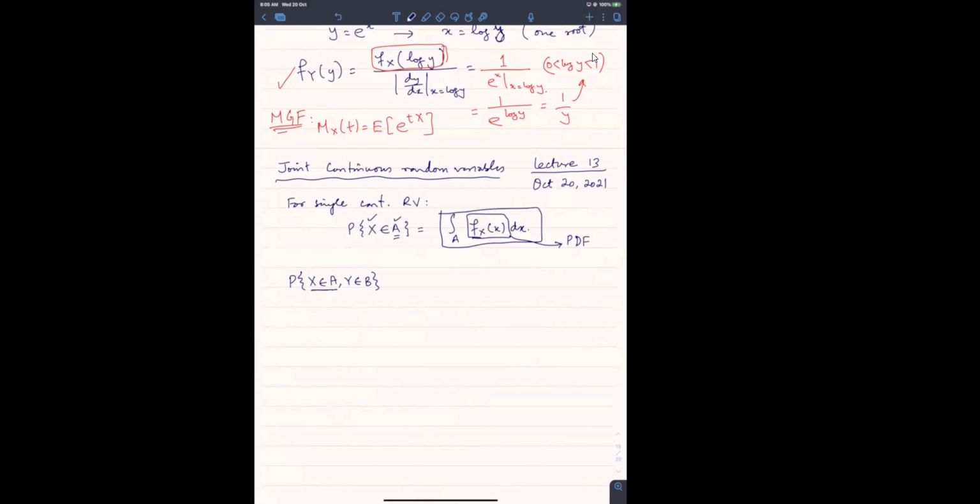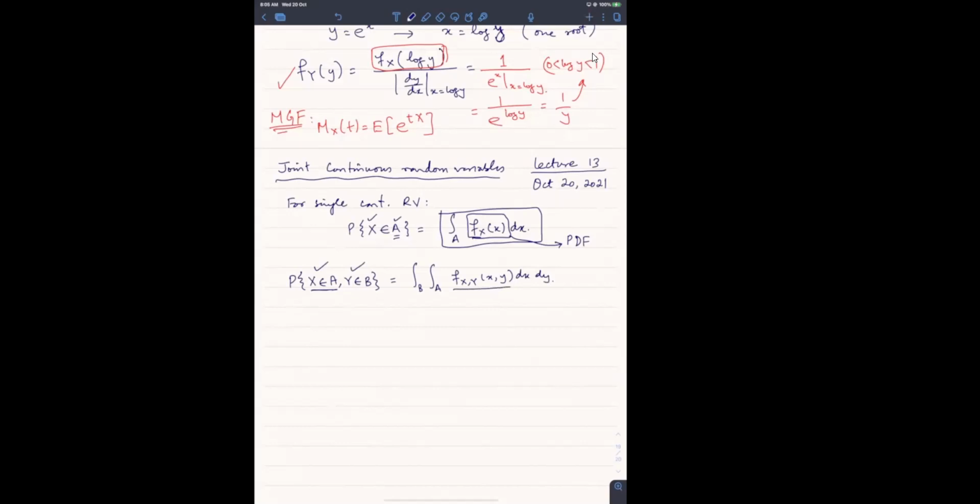This is given by the integral over B and the integral over A of another function f_XY(x,y), a function of two variables x and y, dx dy.